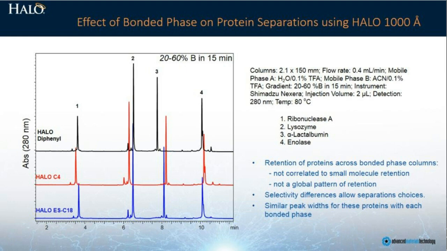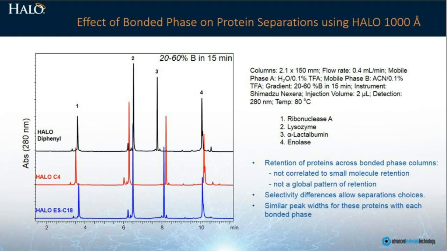There's not a global shift in retention when you think about a whole mixture of proteins, but there are a number of subtle selectivity differences as you compare these three different bonded phase types. So having the option of more than one bonded phase does supply some selectivity differences.